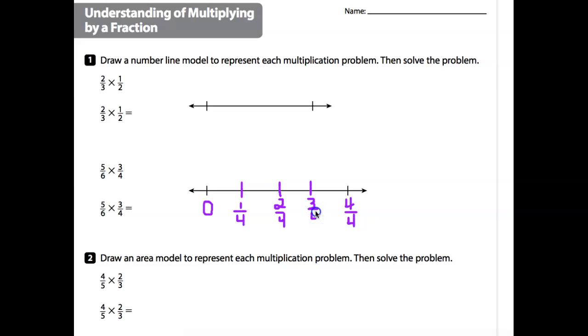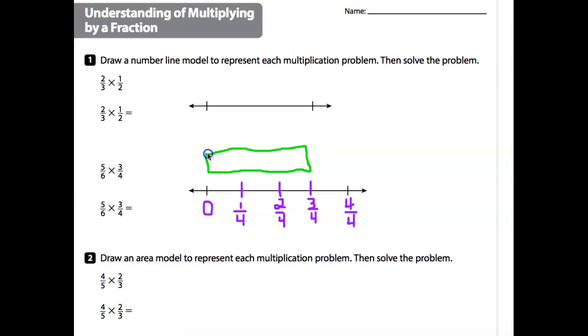All right. Now we have to find out what 5/6 of 3/4 is. I'm going to change the color here so that we can see this better. We are finding 5/6 on the way to 3/4. So we're going to stop here at 3/4.